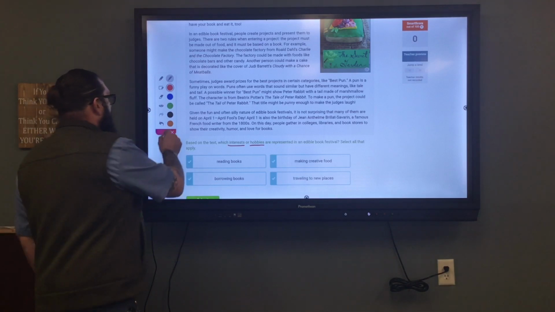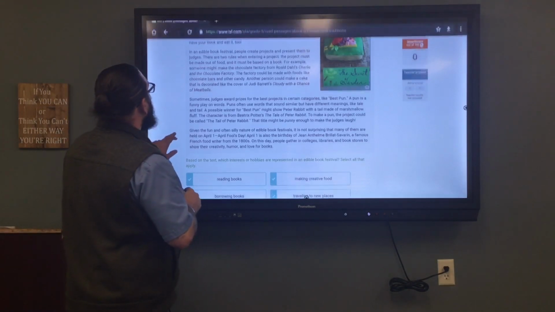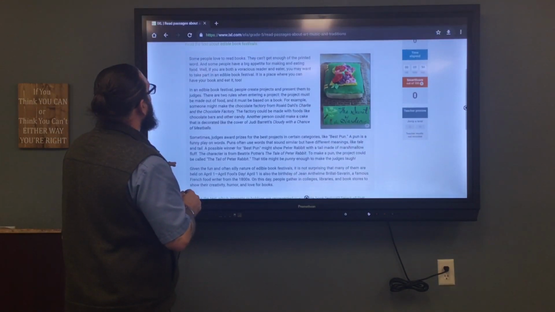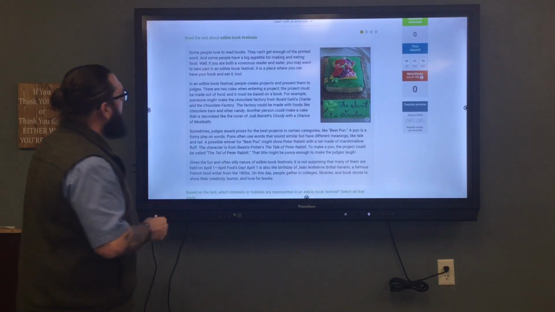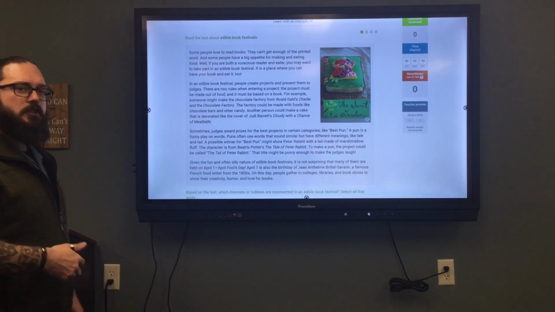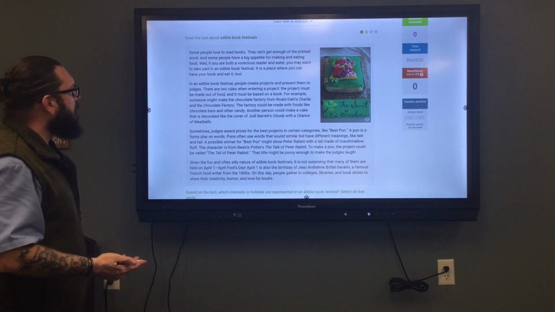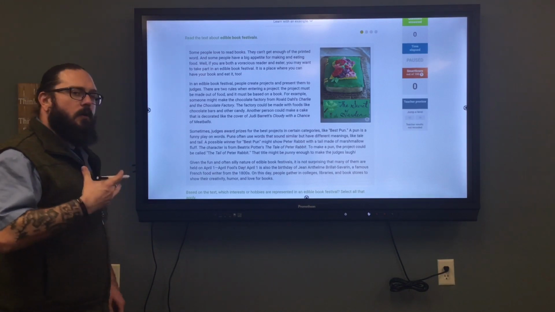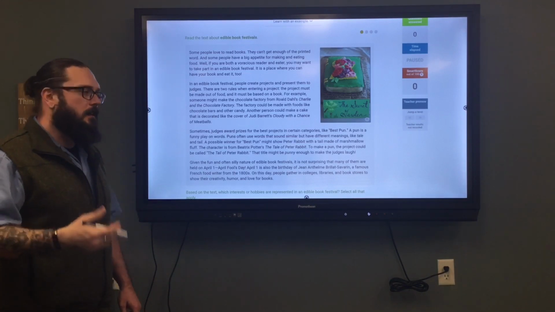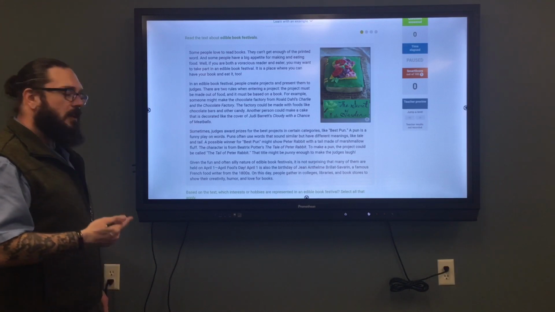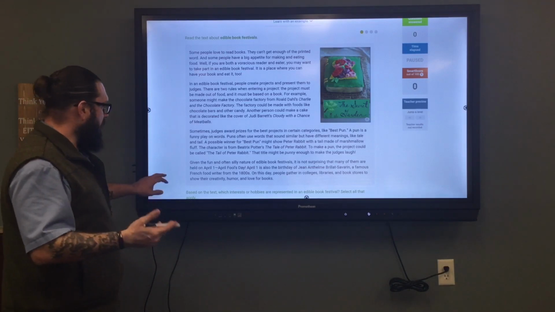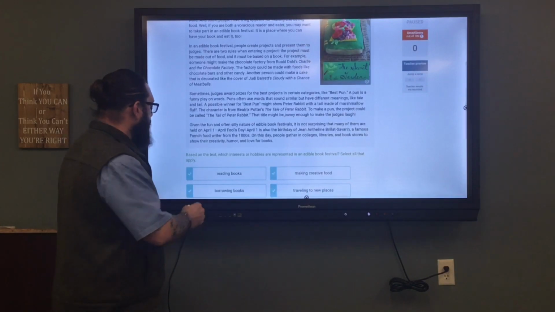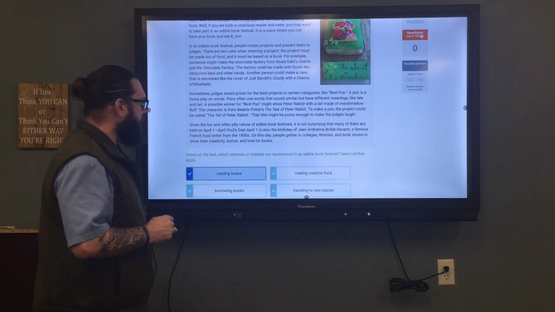Well, if we look at our first paragraph, the very first sentence, some people love to read books. And then they go on to discuss this love of reading books. So, one hobby or interest that is represented is reading books.